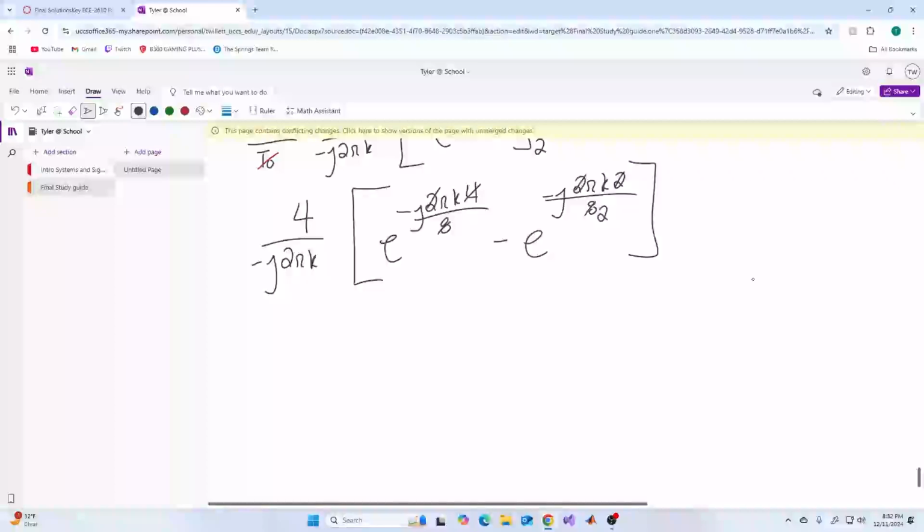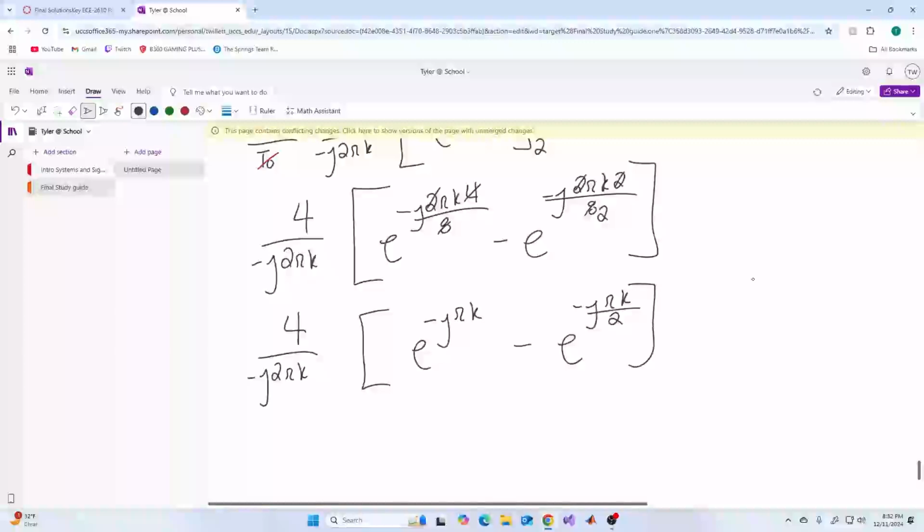So I have 4 all over negative j 2 pi k times e to the negative j pi k minus e to the negative j pi k divided by 2.